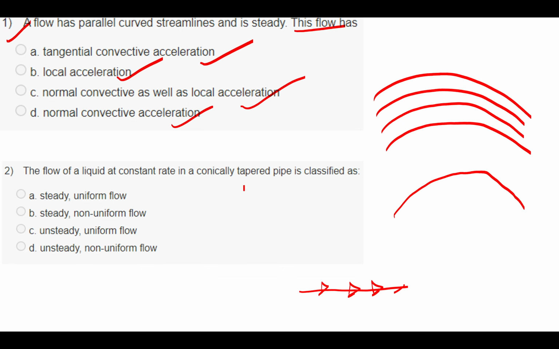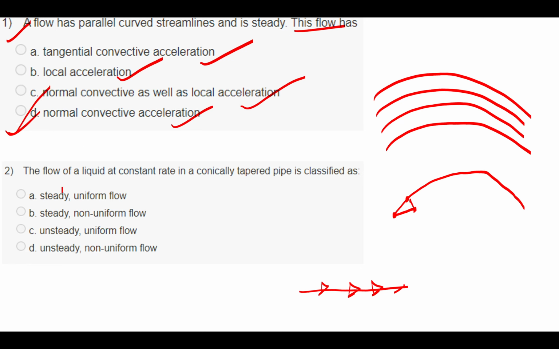But here your particle is moving in this direction and also in the vertical direction, in both directions. So here there is one extra acceleration, that is the normal component of your velocity. So that's why normal convective acceleration is always there in a curved streamline. So option D is correct for that.